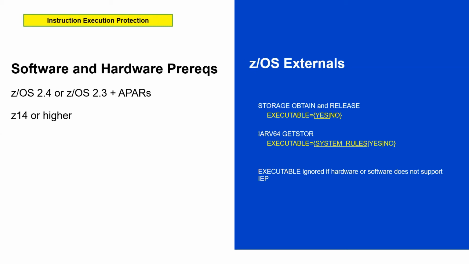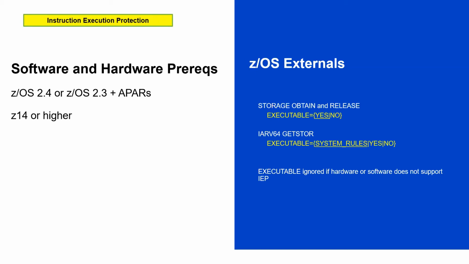From the z/OS point of view, the externals are a new option on the STORAGE command or the GETSTOR command to specify EXECUTABLE equals YES or NO, or in the case of 64-bit storage, SYSTEM rules, which is a way of defining what your system will use as default. It's not available on the GETMAIN command.